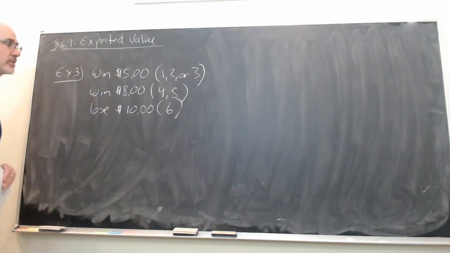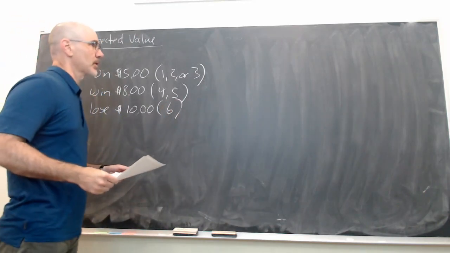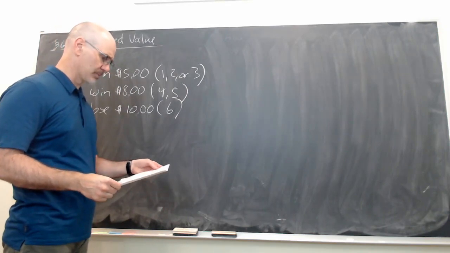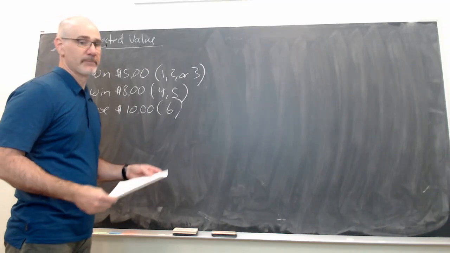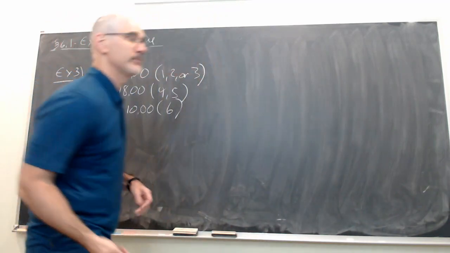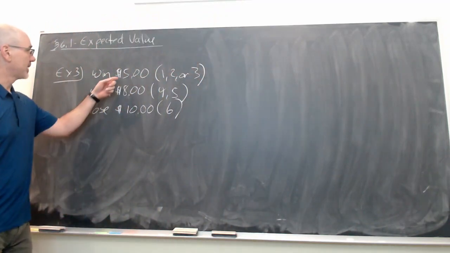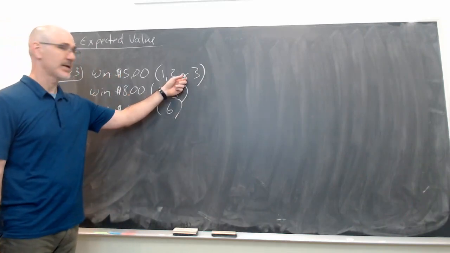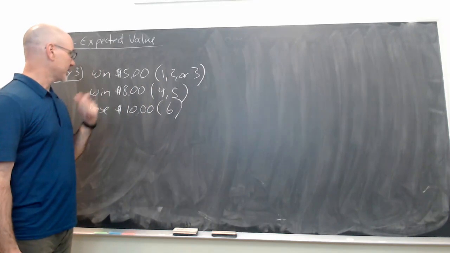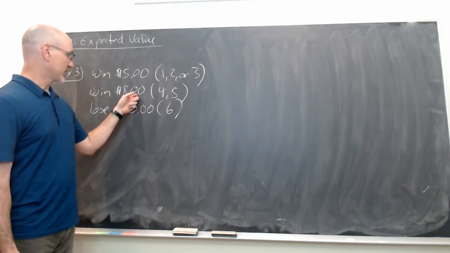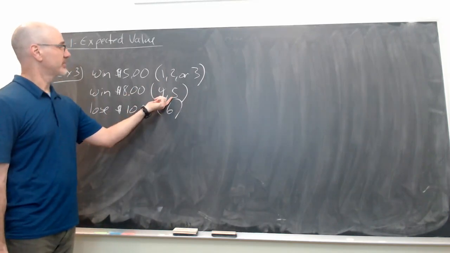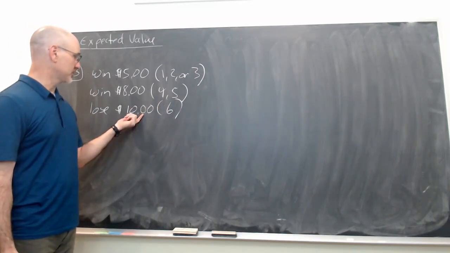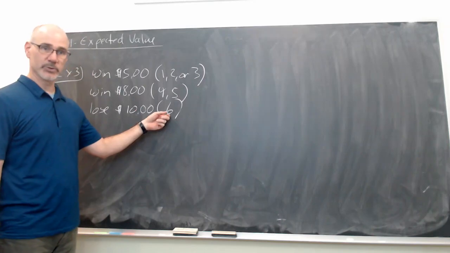All right, so the general process for finding expected value, and there's a little bit of notation there to represent that, is you take the amount you would win for each situation and the probability of that happening, multiply them together, and then take the amount you would win in the other situation, find that probability, multiply them together, and then subtract the amount you would lose times the probability of losing.